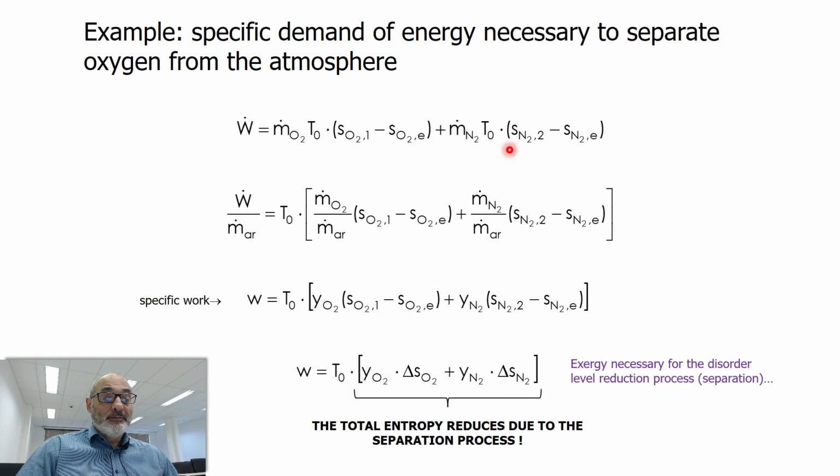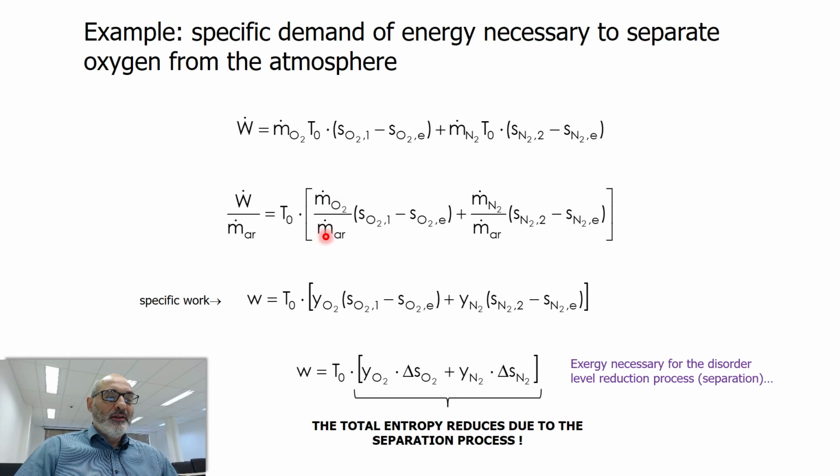Now I'm doing something, I'm dividing the whole expression by the total flow rate of air, okay? This is not argon, this is air, okay? Because it's still in Portuguese. So by dividing the left and the right hand side by the total mass flow rate or molar flow rate, I get these terms.